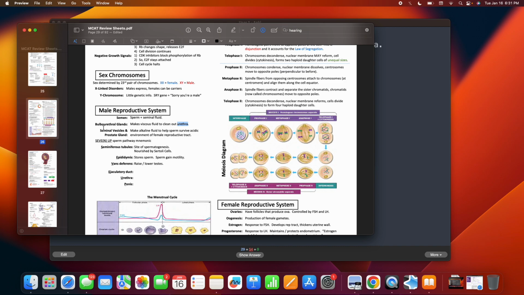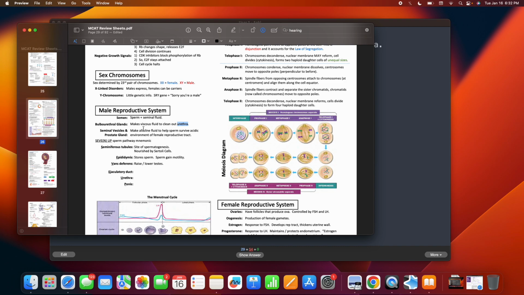And we have seminal vesicles and the prostate gland, which make alkaline fluid to help sperm survive the acidic environment of the female reproductive tract. This is very interesting.